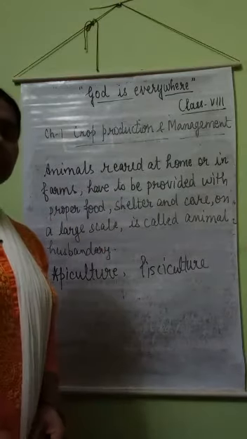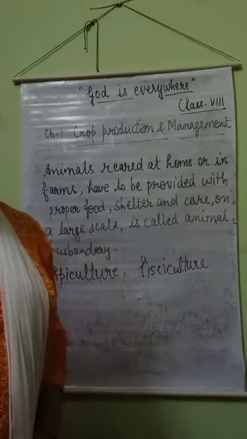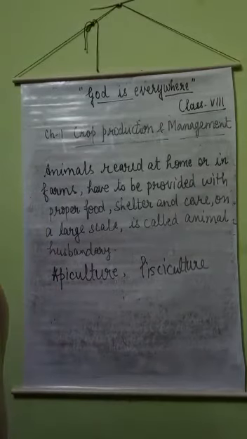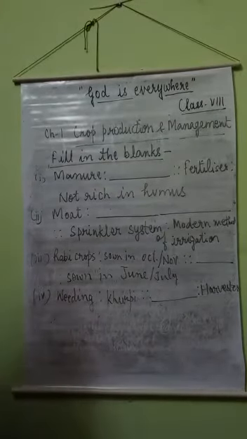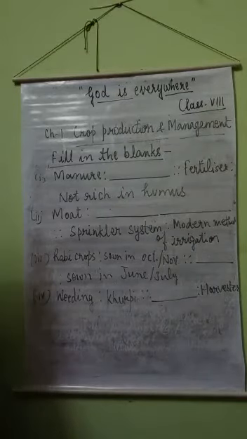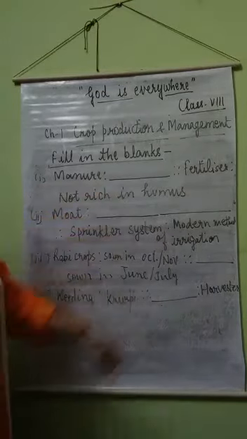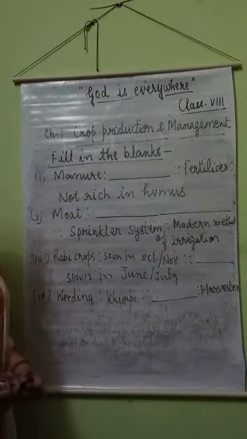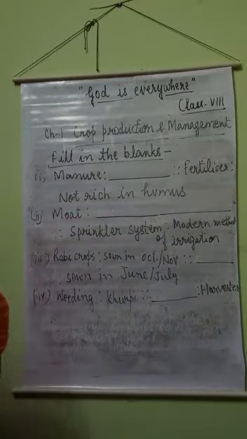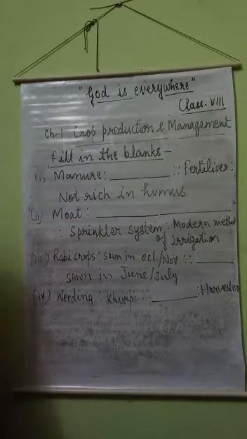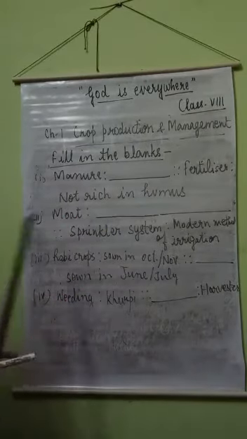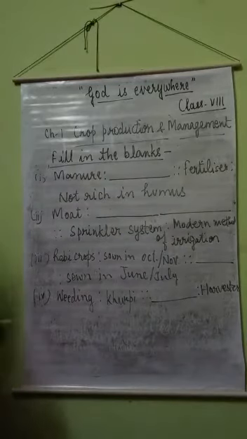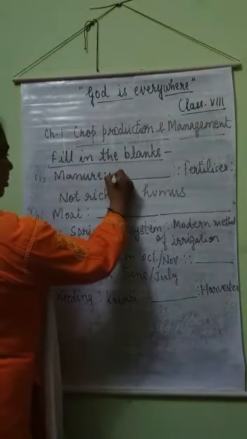Now we will discuss some exercises of this chapter. Now we will see fill in the blanks. First is manure dash fertilizers not rich in humus. As fertilizers are not rich in humus, manure is rich in humus.